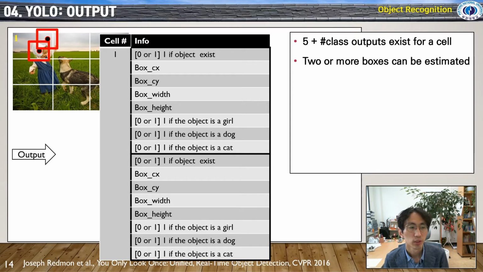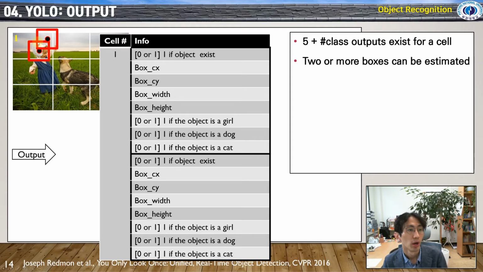These boxes could exist many per cell. For example, there could be 2 boxes in one cell, because there could be 2 objects in one cell, isn't it? If a box is big and objects are small, then there could be many objects.